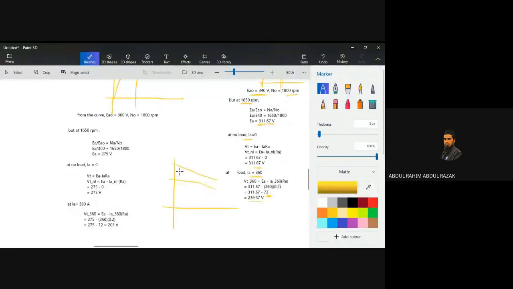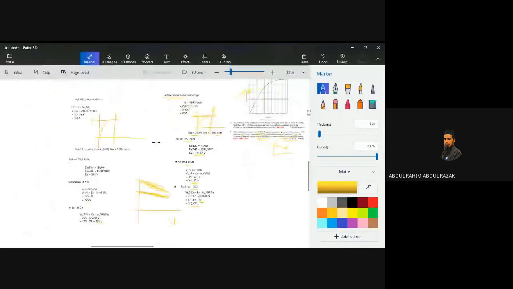So you just label and sketch a graph, and if it needs you to find the speed regulation, you have to find your SR. So just compare the SR before and after.